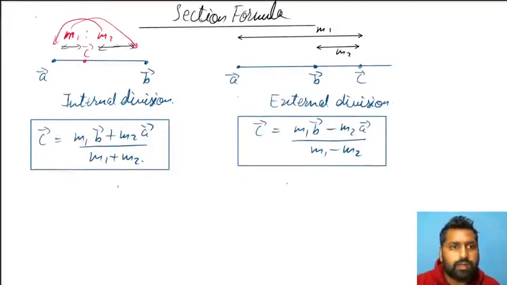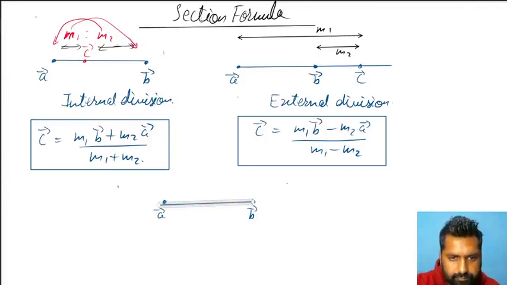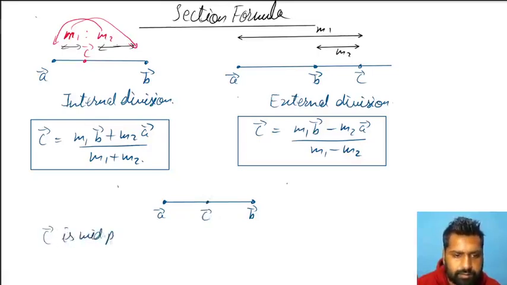Suppose you want to calculate the position vector of a midpoint. Let's say A is a point, B is a point, and you want the position vector of their midpoint. Let's say this is C. C vector is the midpoint.